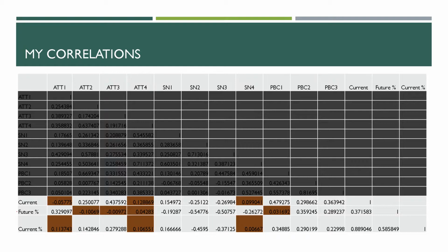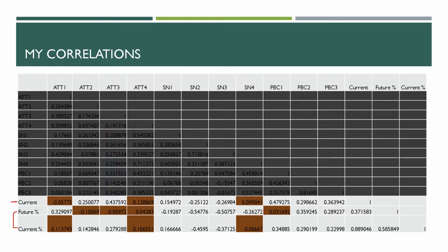As I said, I'd asked about future percent and current percent, and really that doesn't give me information much different from, or better than, what I have up here for current. So I've collected the data, but sometimes some data doesn't tell me a whole lot, and I'm not going to deal with it.